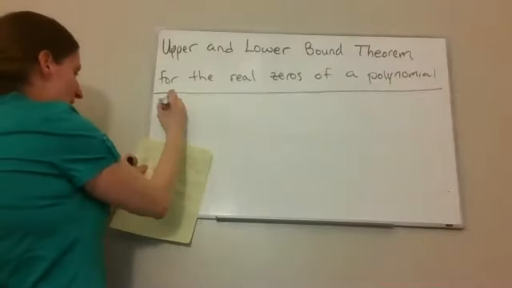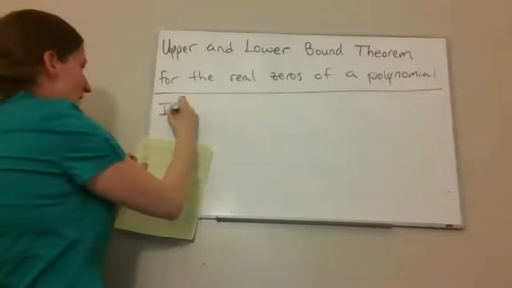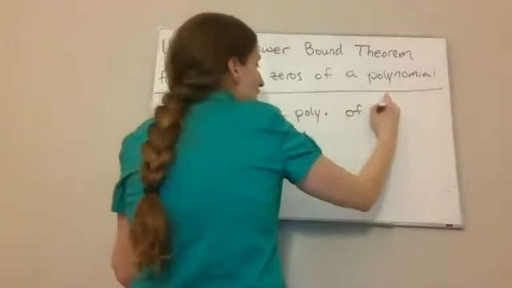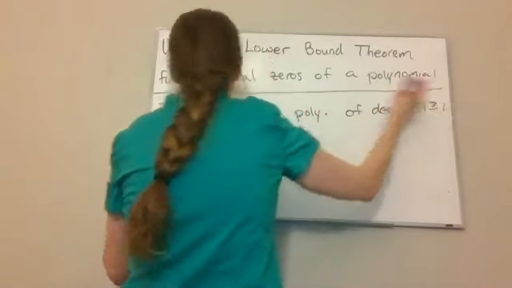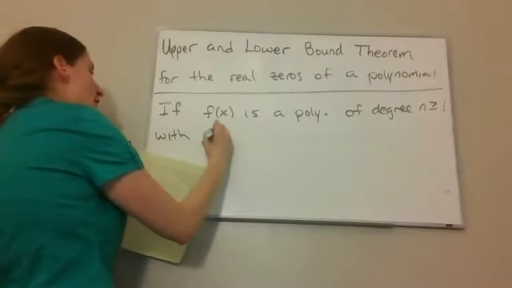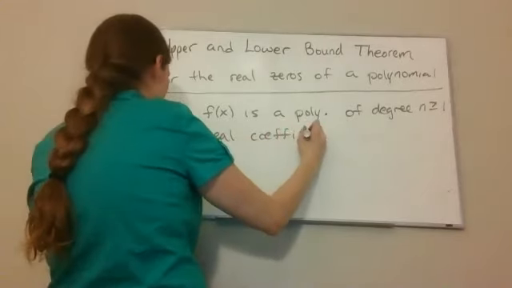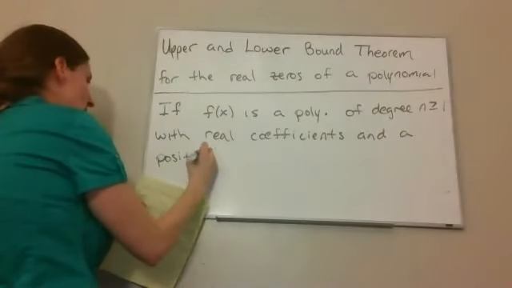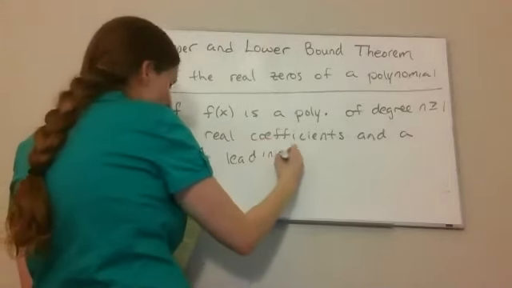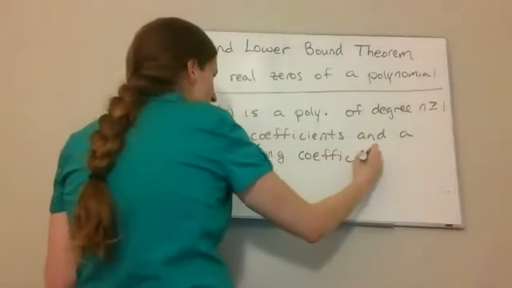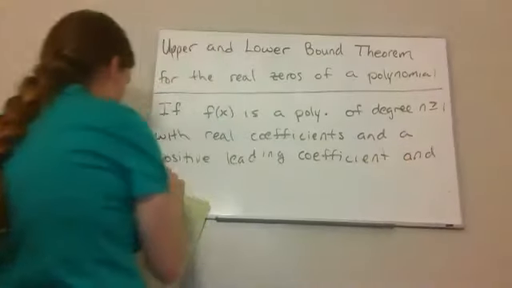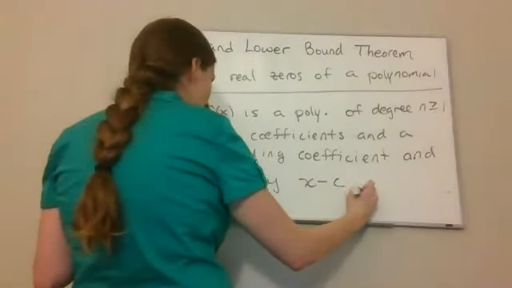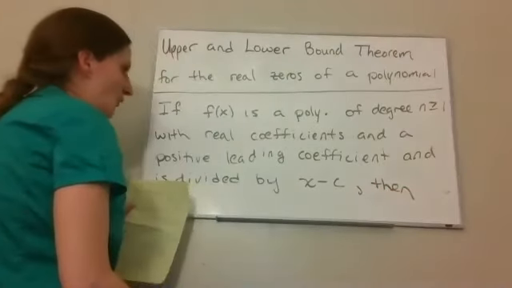This theorem says if f of x is a polynomial of degree n greater than or equal to 1 with real coefficients and a positive leading coefficient, and is divided by x minus c, then we have 2 things that are true.